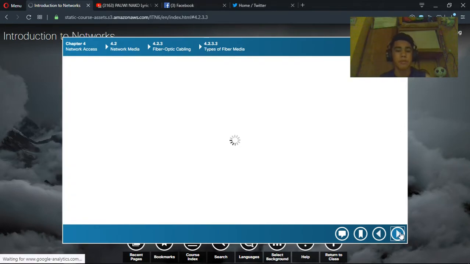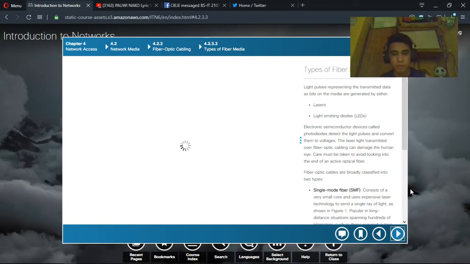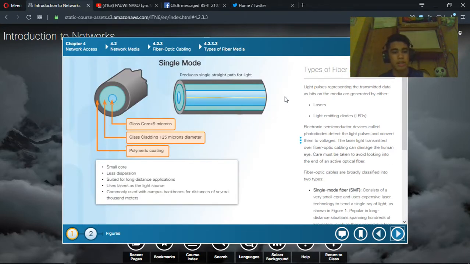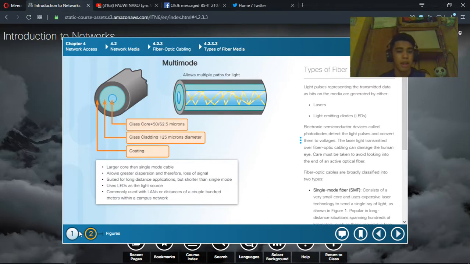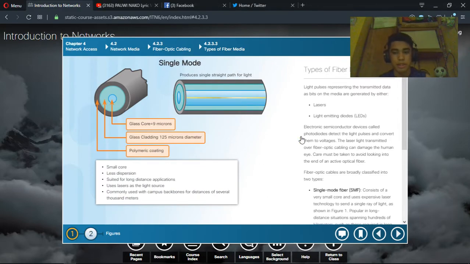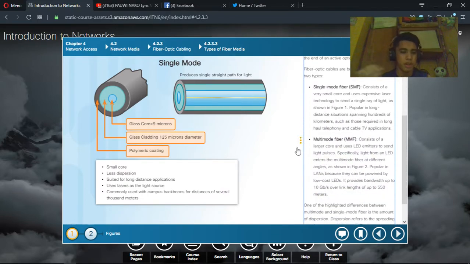The next is types of fiber media. There are two: single mode and multimode. Laser light impulses represent the transmitted data as bits. Single mode has a glass core of 9 microns, glass cladding 125 microns in diameter, and a polymeric coating for its shield.